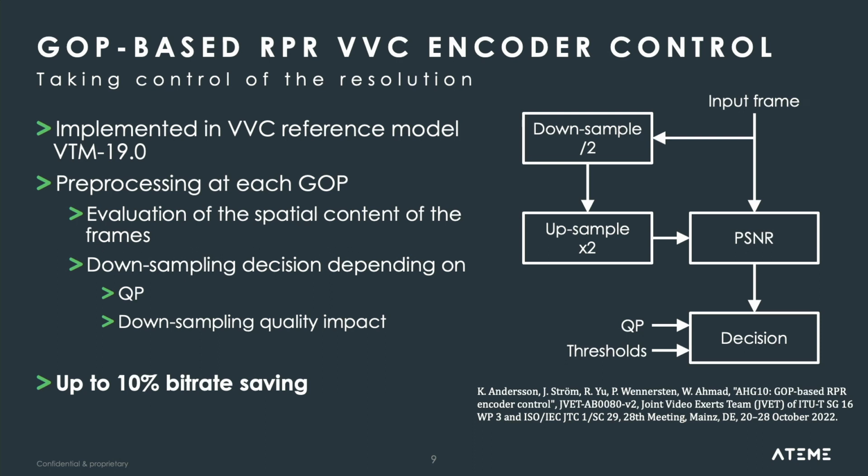Based on this score, he compares it to thresholds. And those thresholds change based on QP. Basically, the more you quantize, the more likely you are to go to lower resolution. There are 3 thresholds.